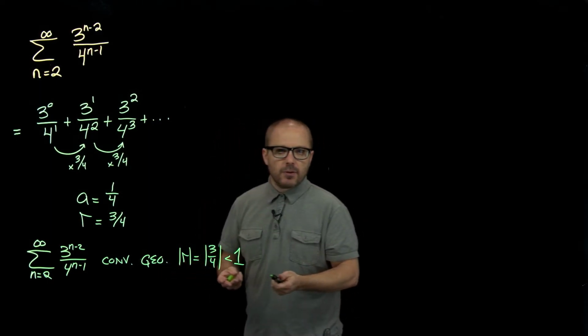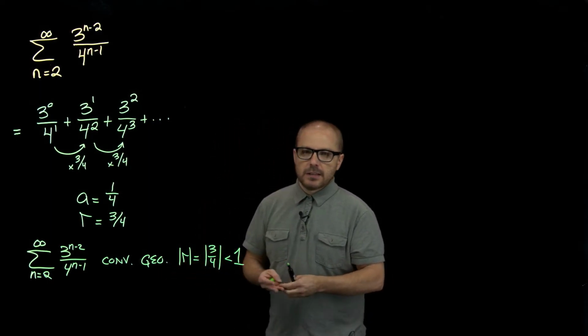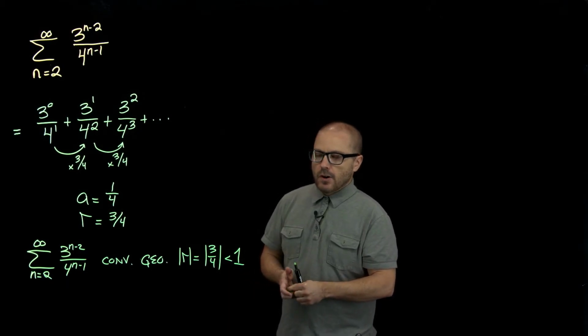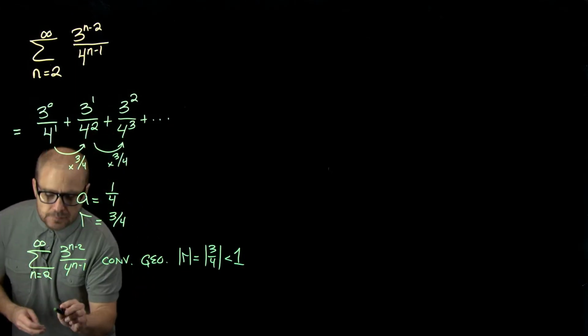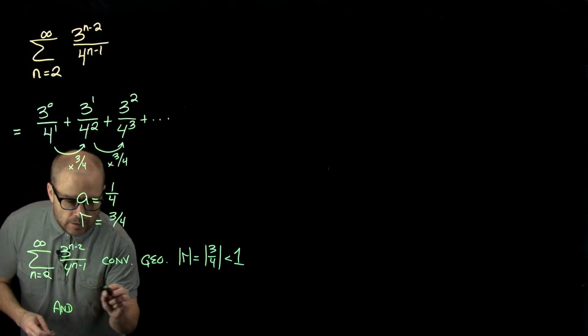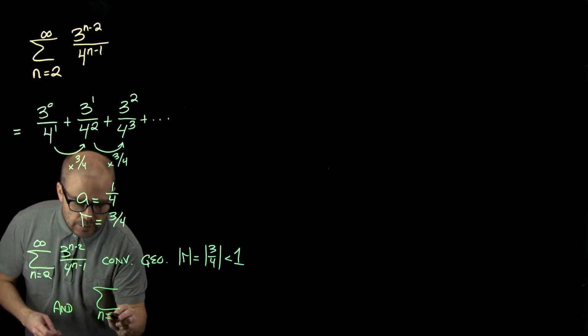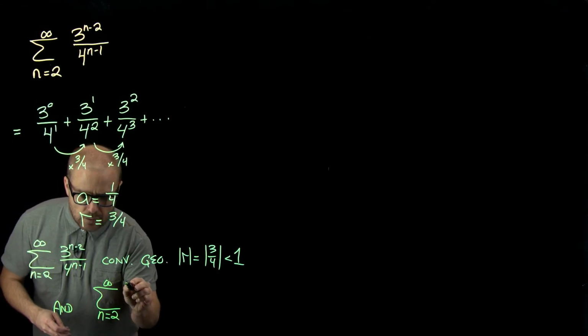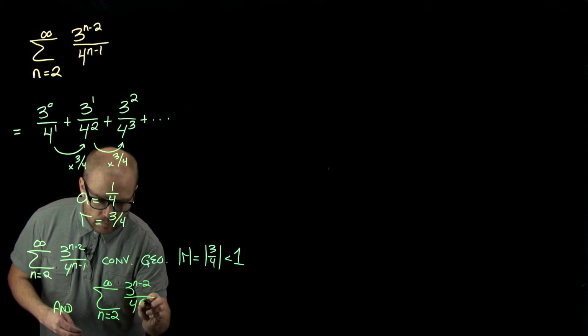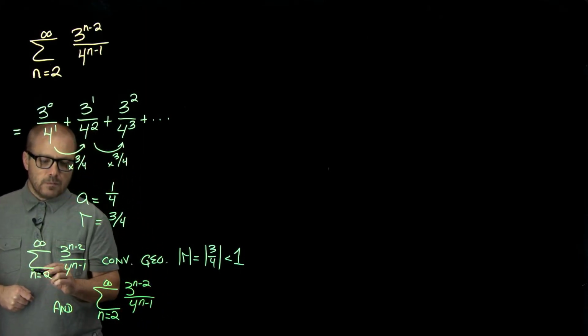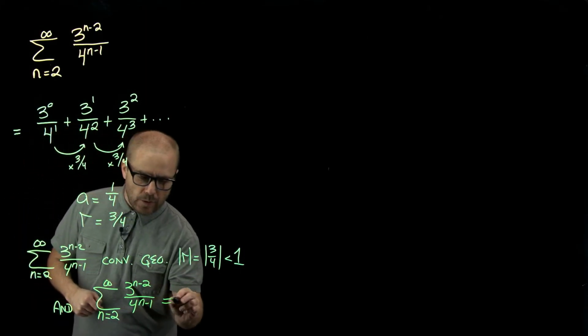And we can go a step further. Remember, with geometrics, not only can we say they converge if r is less than 1 in absolute value, we know what it converges to. We know that the series actually equals a over 1 minus r.